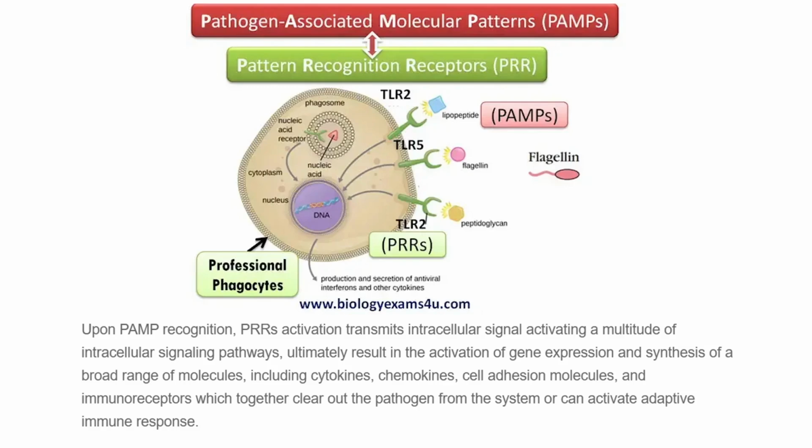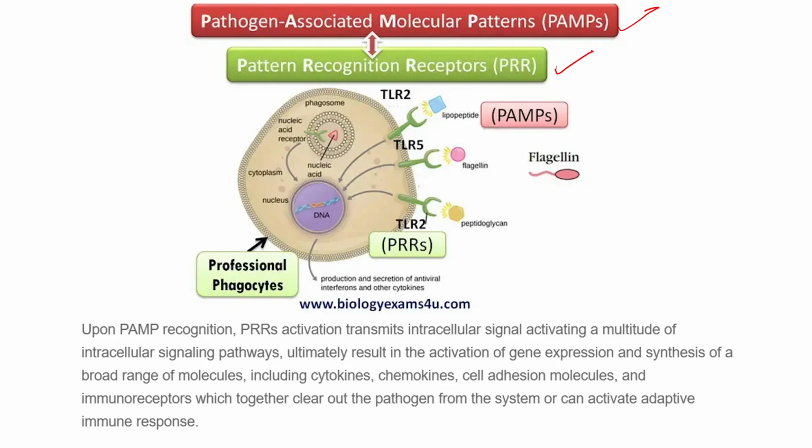There are similar terms, that is PAMP and PRR. Do not get confused between these terms. PAMPs are the pathogen associated molecular patterns present on the pathogens, and PRRs are the pattern recognition receptors found on the host cells.